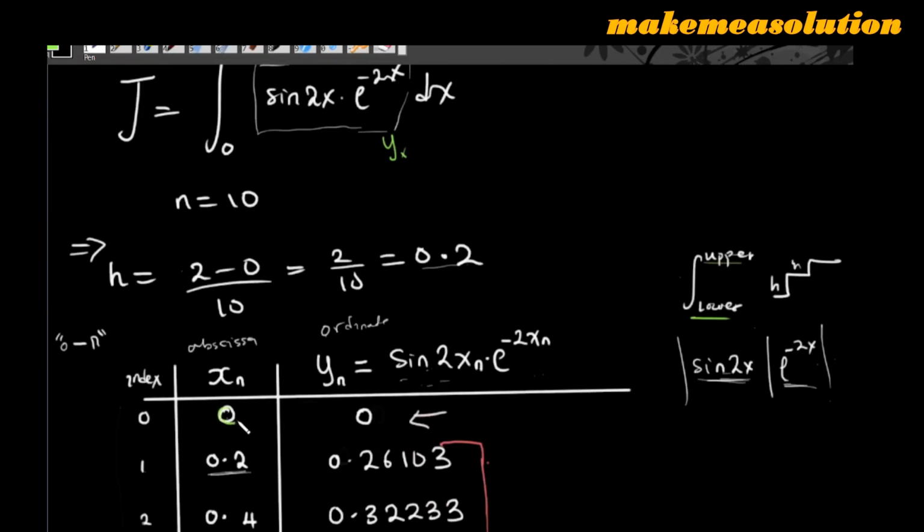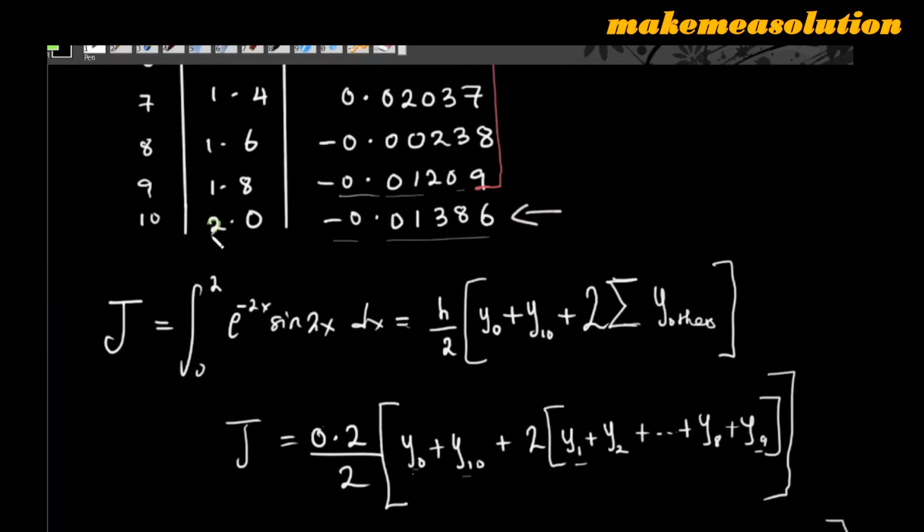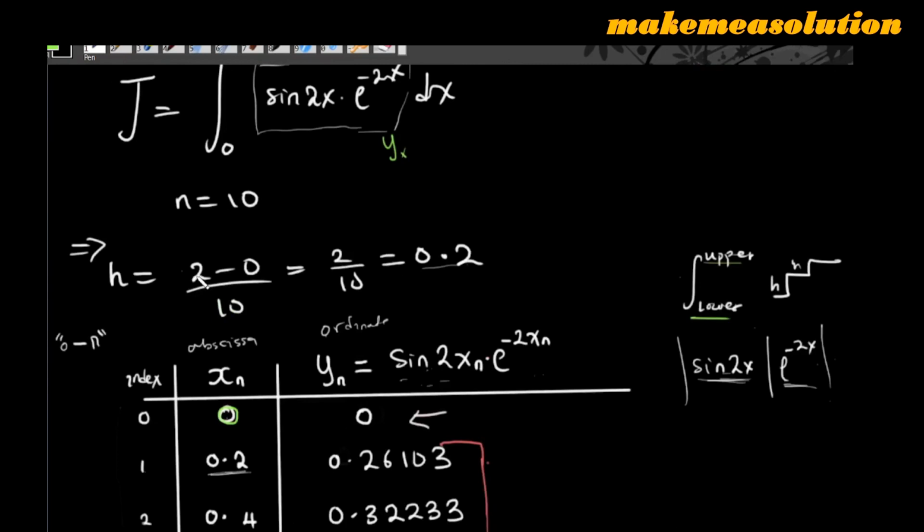So this is the lower limit of the integral, 0, and this is the upper limit of the integral, which is 2, and the steps are in steps of h. And how do you get h? Upper limit minus lower limit divided by the number of points we want you to work with. Or not the number of points, sorry, the number of intervals. Okay, the number of intervals. So you get h and you evaluate.